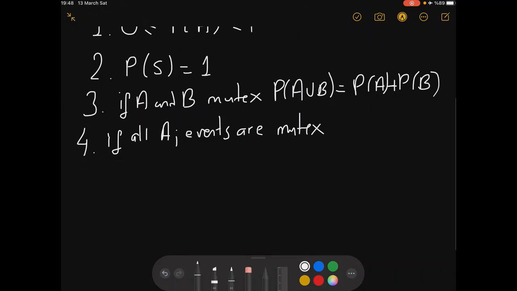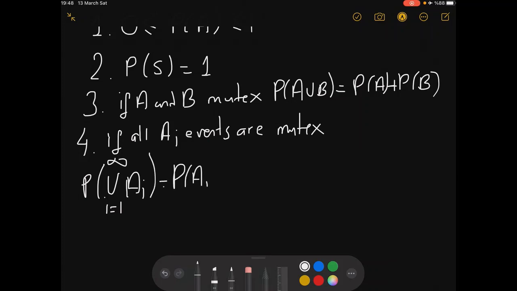You can write it in a more general way, right? Probability of the union from i to infinity. We'll have lots and lots of events until infinity. So it would be probability of A1 plus probability of A2 plus going up to probability of AK. Not surprisingly, if all of them are mutually exclusive, you can add them up.